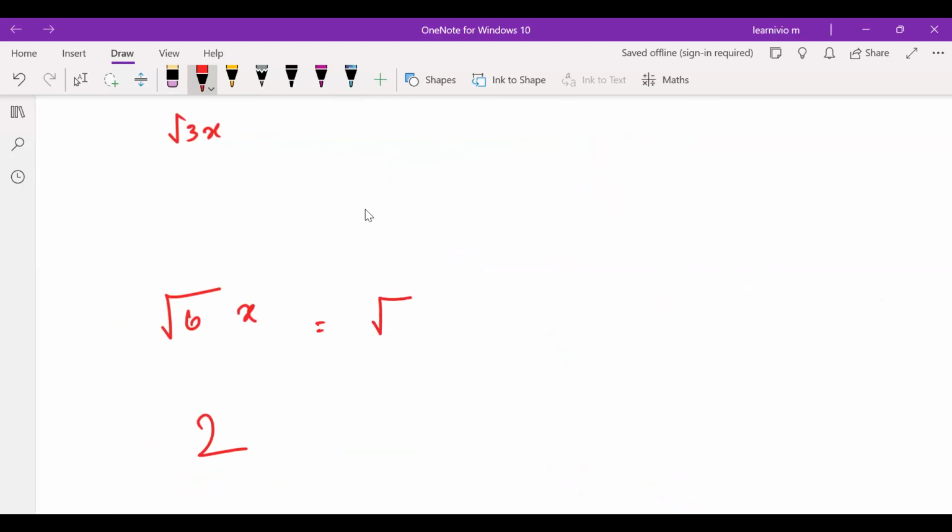Root 6 can be written as root 3 into root 2 into x, and 2 can be written as 1 into 2. But still we can factorize 2 when the other term's factorization has a square root 2; then we can write 2 as root 2 into root 2. That's what we were discussing in the previous class.